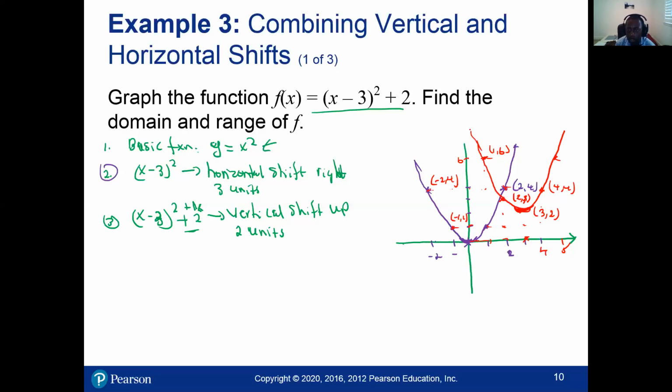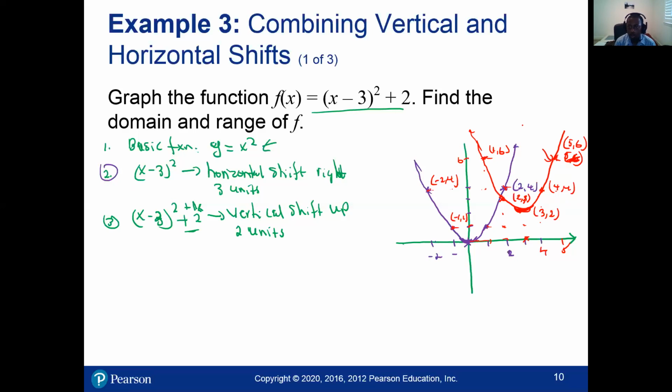Okay, so this point is 1, 6. This is 2, 3. This will be 3, 2. This is 4, 4, and that is 5, 6 on that side. Okay, so this is the final graph.